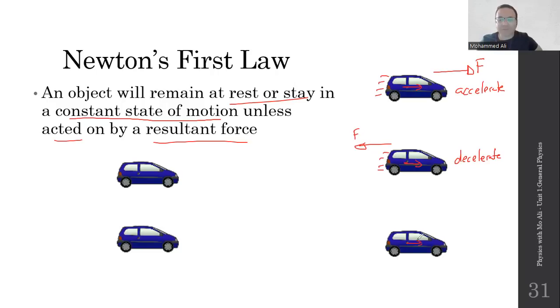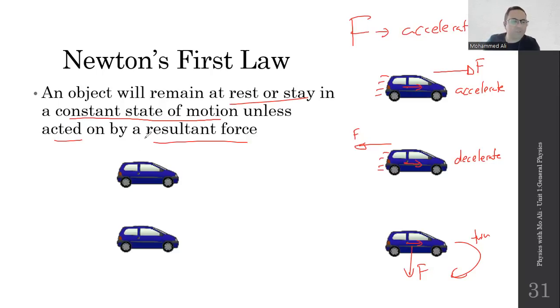And if the object is moving to the right, but the force is sideways, the object will turn, it will change direction. So basically, if there is a force, the object accelerates in all of its meanings: speed up, slow down, change direction.